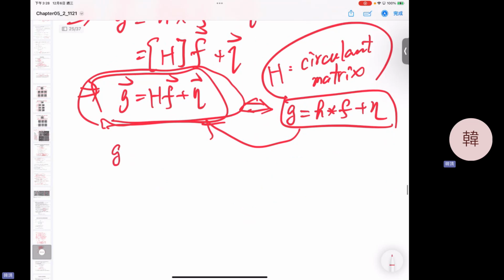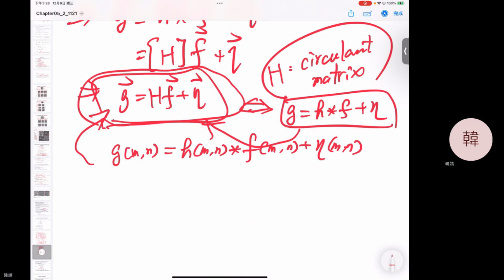So we have G(M,N) equal to H(M,N) convolved with F(M,N) plus eta(M,N), right? This is our spatial domain, a 2-dimensional matrix, and also eta is 2-dimensional. How can you transfer it to exactly the same matrix vector format? How can you do that?